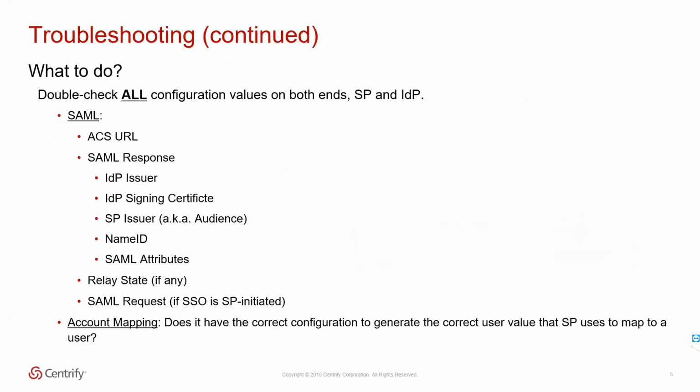Then the next question is, what can we do? There are tools that will help us to achieve this. But the first thing to do is really just to double check all the configuration values on both ends. So all the things that I have told you in part one, as well as what we have done in part two, all of those have to match on both sides. So when something doesn't work, the first thing is really just to go through that.